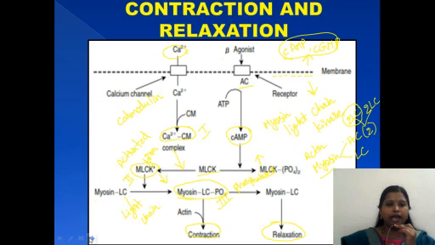Next, we will move on to the actual mechanism of action of the nitrovasodilators. Once we understand this calcium calmodulin complex and the role of the cAMP, then we can easily understand the role of the cGMP through these nitrovasodilators.